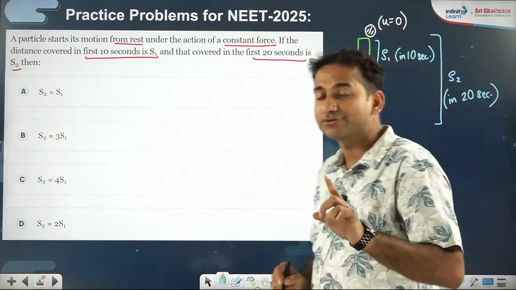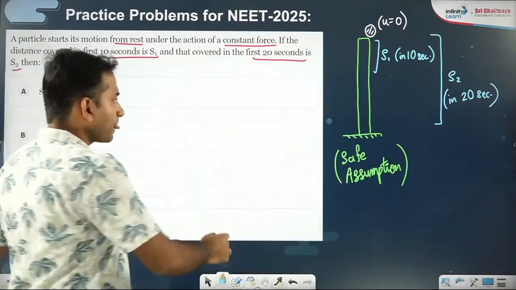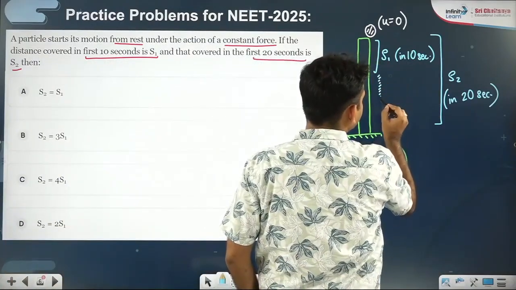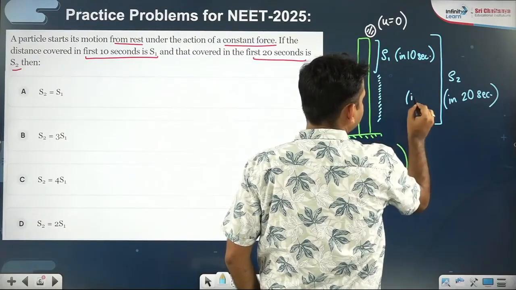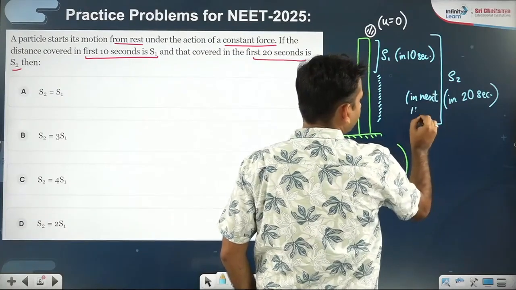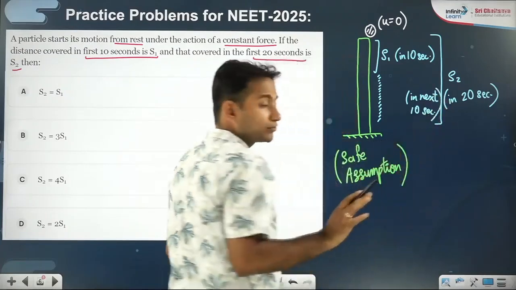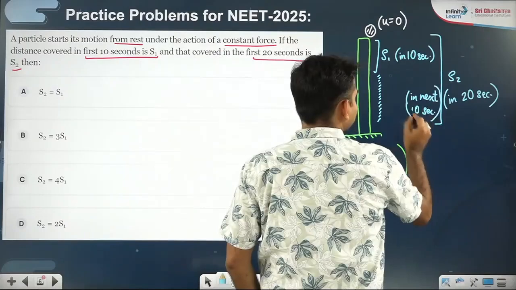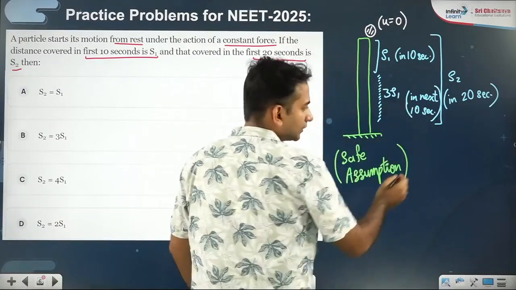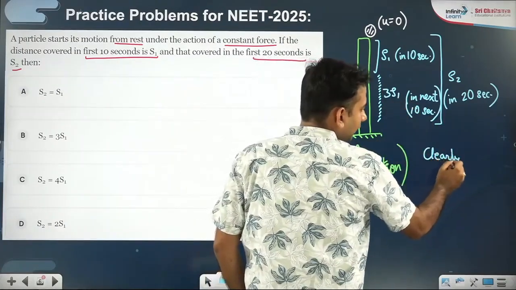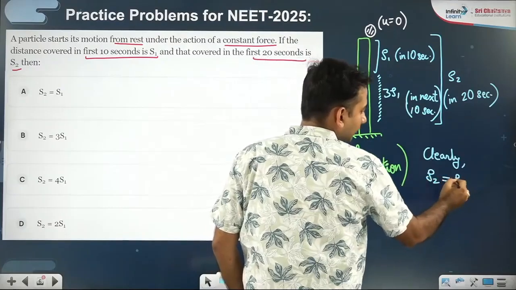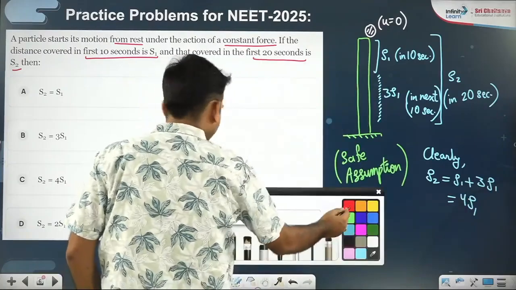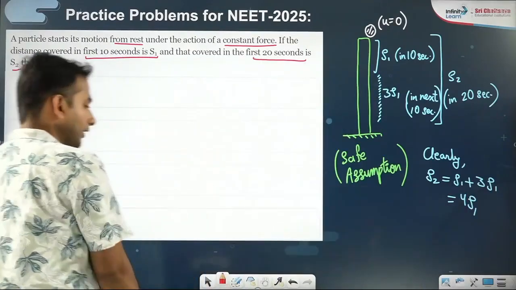If this distance is S1, naturally in the next 10 seconds by Galileo's formula, you can do this by equation also, but today we don't want to use the equation, this distance will be 3S1. So clearly S2 will be equal to S1 plus 3S1. Hence the final answer is S2 equal to 4S1, option C.